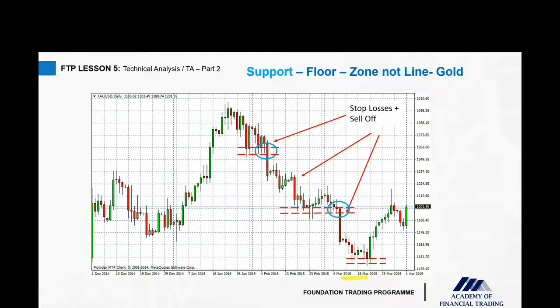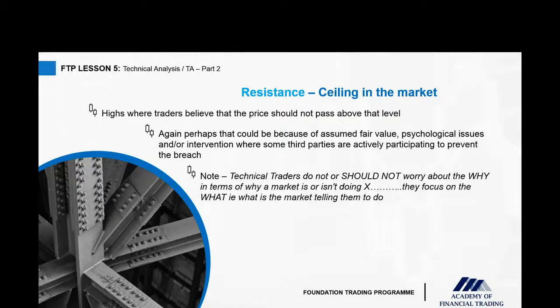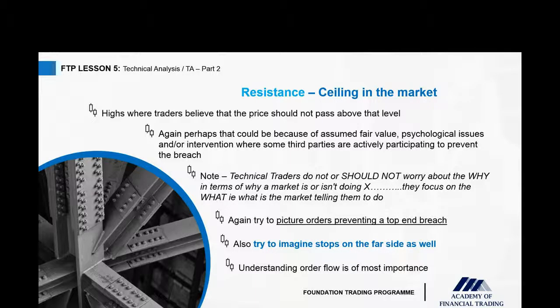If the market hits off a top level area, we call it resistance. And this could happen for any reason whatsoever. But what we must focus upon is the stop losses of other participants. We need to know what way they are operating, because we are looking for our opponents.